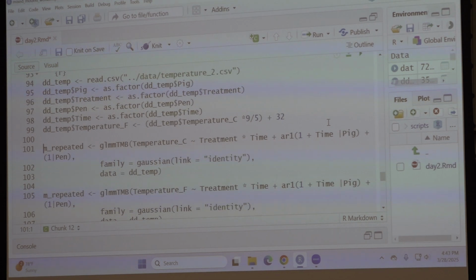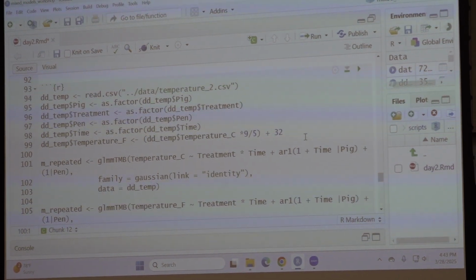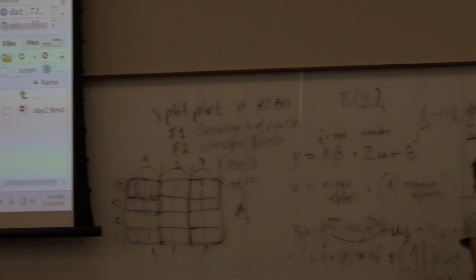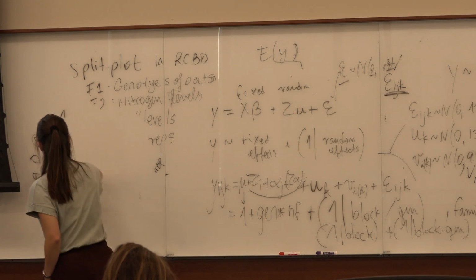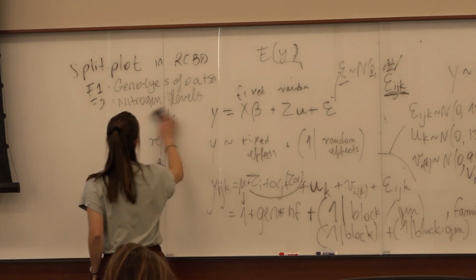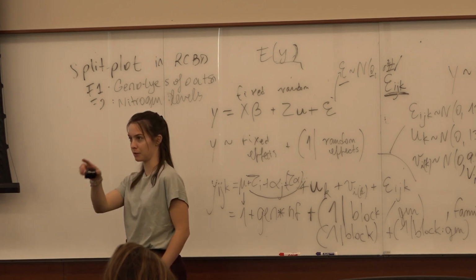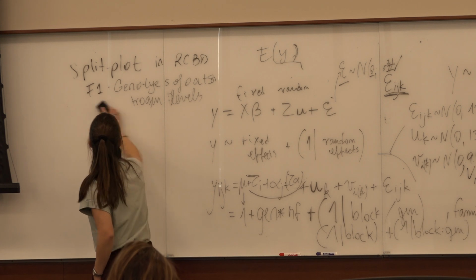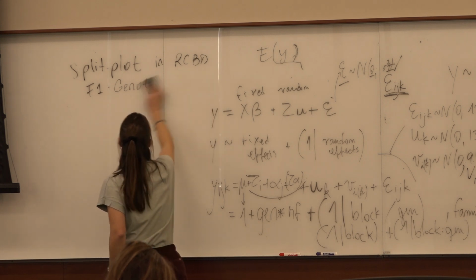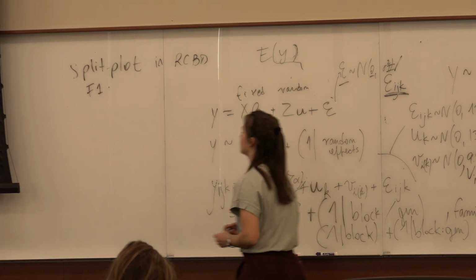So the design I'm going to show you here was a completely randomized design, right? You correct me if I'm wrong, but we didn't have any dependence in the sense of blocks whatsoever.